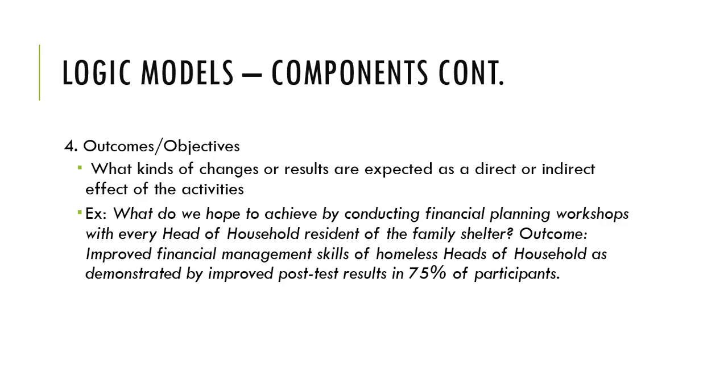And finally, we're leading towards the outcomes. So this is where you'll look at what kinds of changes or results are expected as a direct or indirect effect of the activities. So here is where you are getting to a little bit bigger picture.